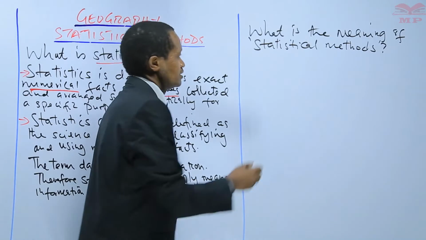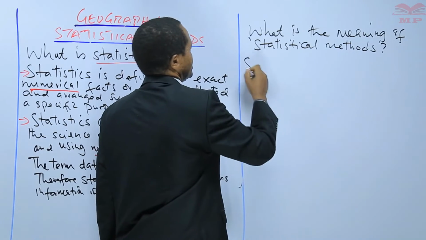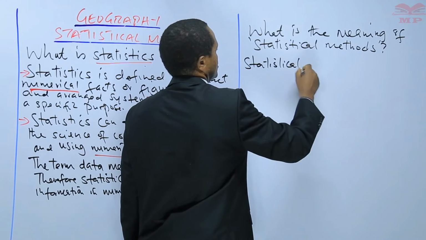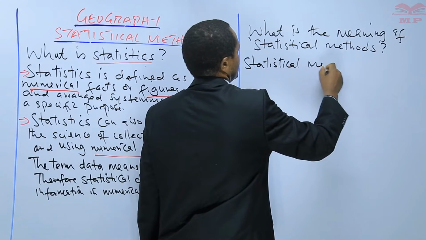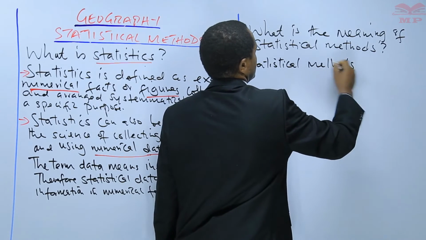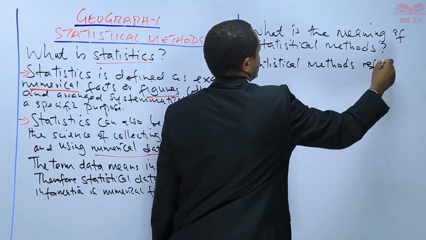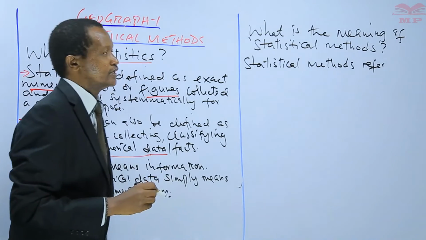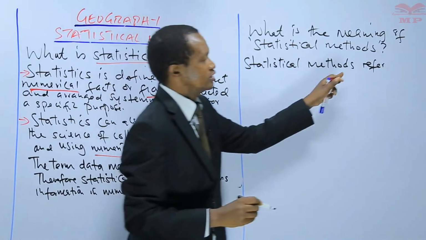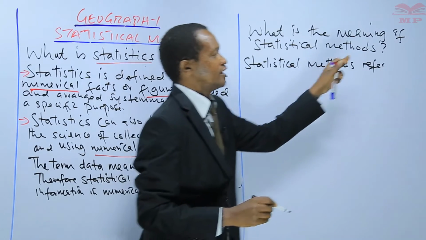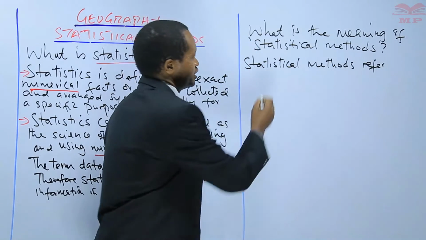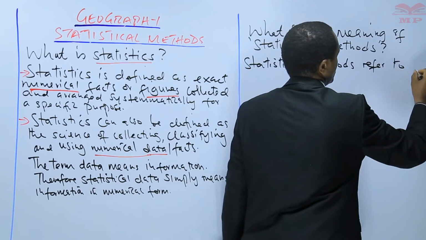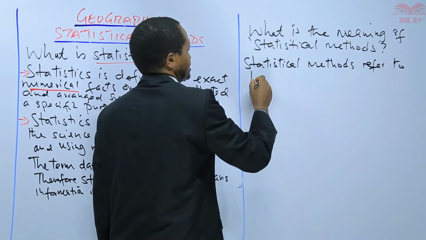The answer is, statistical methods refer to, okay? Because this is plural, we say refer to. Statistical methods refer to the techniques.